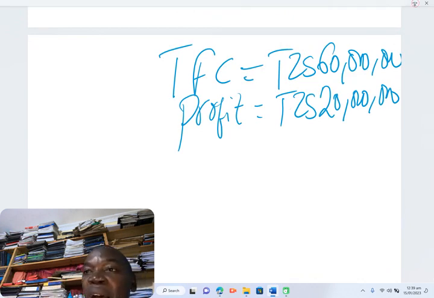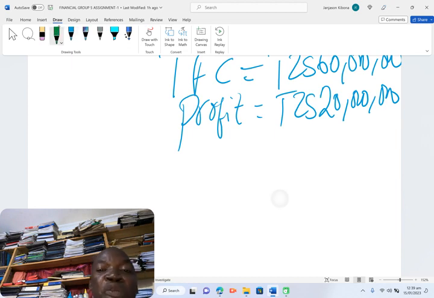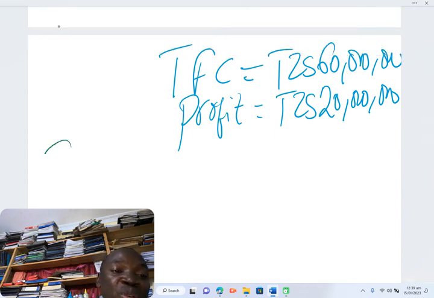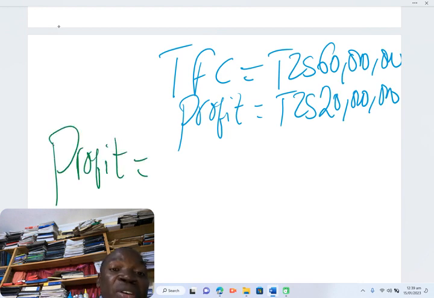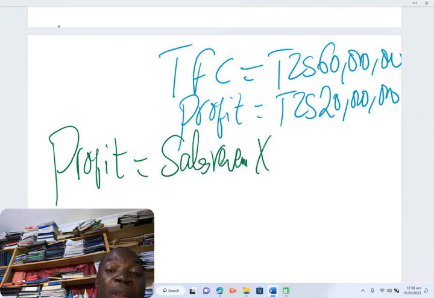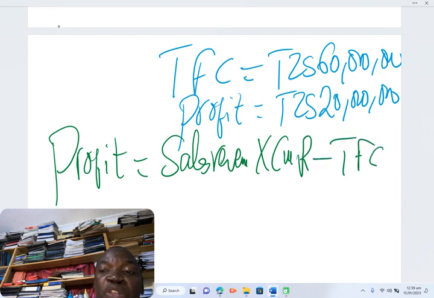So remember our sales revenue formula. It says profit equals sales revenue multiplied by CMR minus total fixed cost.